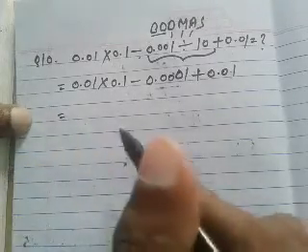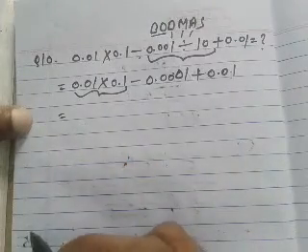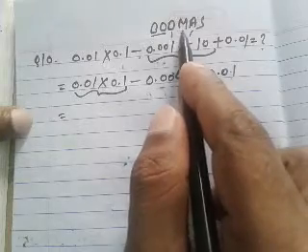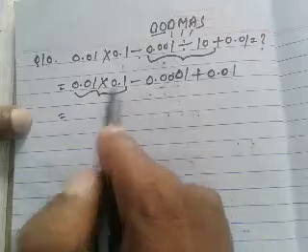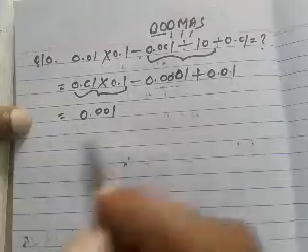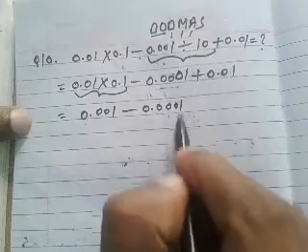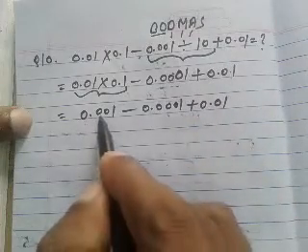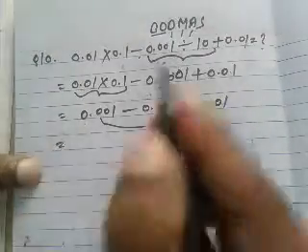And next we have to perform the multiplication operation, because after division, according to the BODMAS rule, we perform multiplication, and multiplying 0.01 with 0.1, we will get 0.001 minus 0.0001 plus 0.01. And in this case we first add these two terms according to the BODMAS rule.